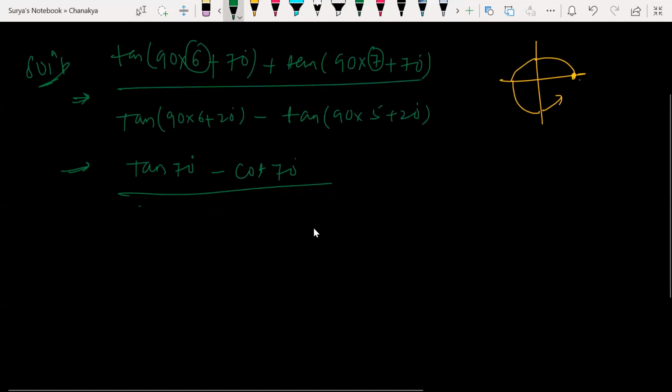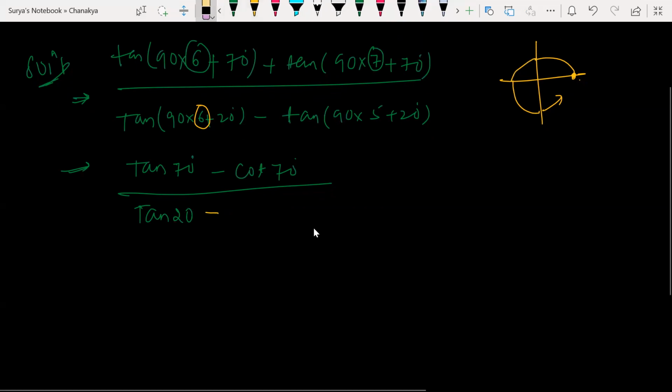So tan with 90 six times, an even multiple, doesn't change, so tan remains tan. So tan 20, six times, third quadrant, tan remains the same.